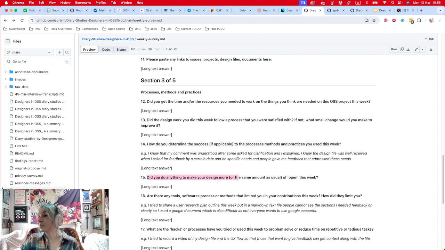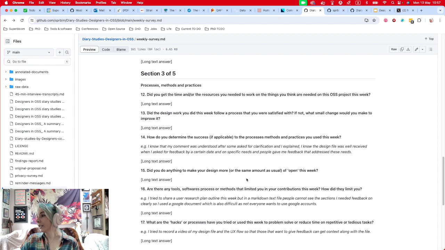So another question we were really curious about was how readily are designers participating in the open, or what we could describe as established open ways of practicing in open source, and in what ways are they trying to make design more open or maintain the same level of openness, or what does openness mean within design in open source?